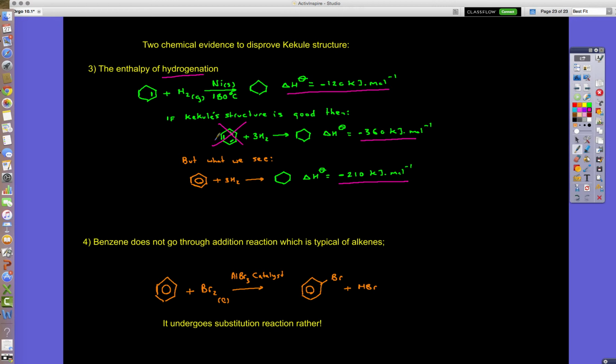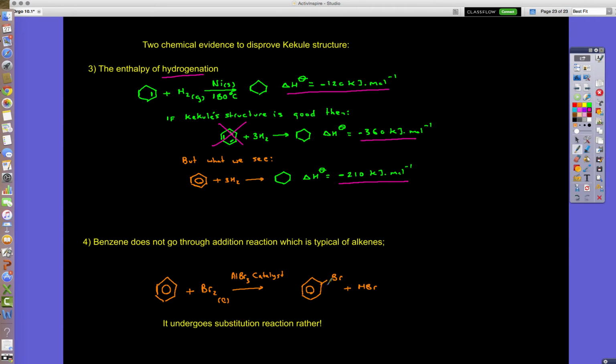The last evidence, which is also chemical, is that if we accept Kekule, then you have 3 double bonds, and it should go through typical addition reaction. For example, with bromine water, it should decolorize bromine and add bromine across the carbons. But we see it goes through substitution instead.